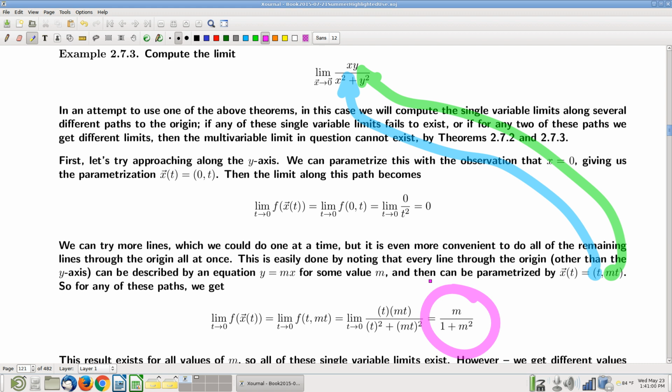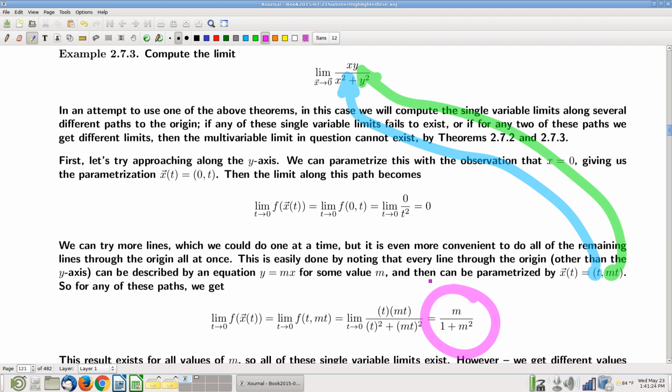Actually, I just computed the limit along a bunch of different paths because I never said what m was. So if m was 1, then the limit along that path is 1/2. If m is 5, then the limit along that different straight line, I get 5 over 26.